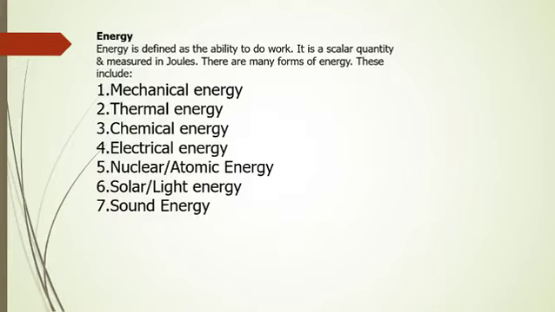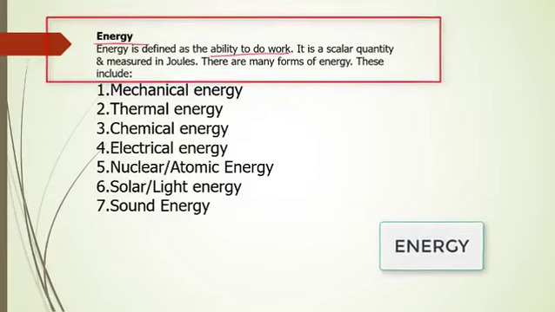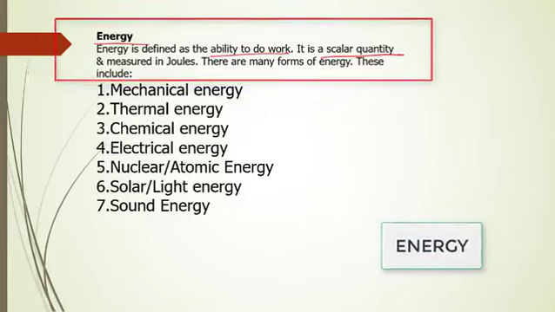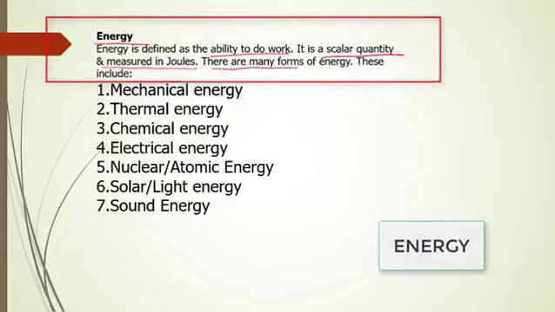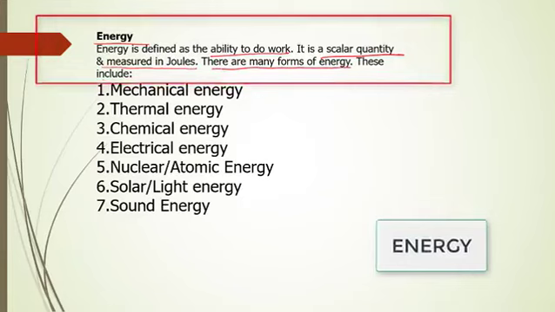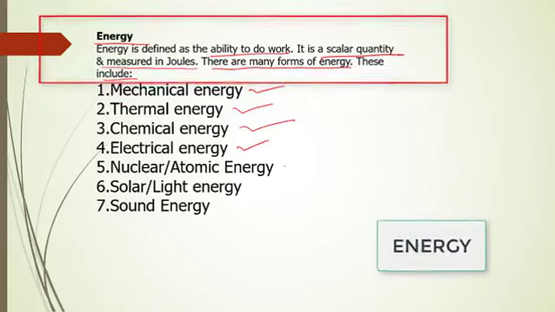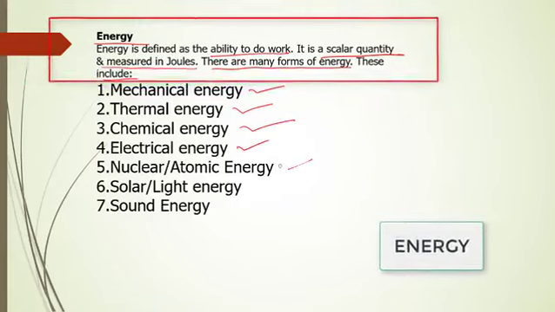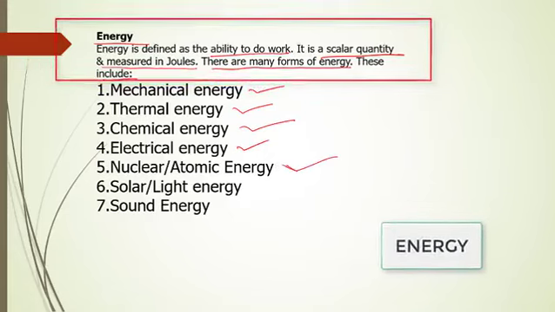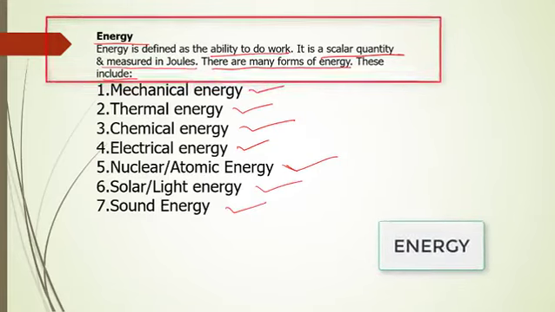Now let's talk about energy. Energy is the ability to do work, like we said earlier. It is a scalar quantity, and of course, it is measured in joules. We have so many forms of energy, which include mechanical energy, thermal energy, chemical energy, electrical energy, nuclear or atomic energy, and then of course solar or light energy, and sound energy.